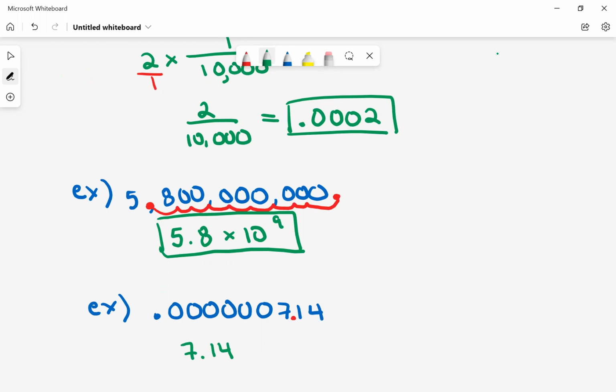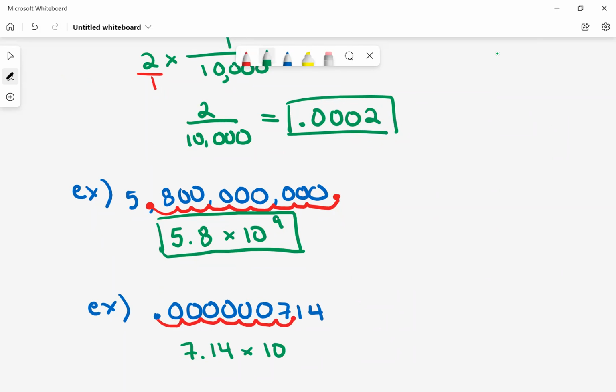Remember, we said it always is between 1 and 10. So 7.14 is between 1 and 10. Okay, so how many places do I have to move this decimal then? 1, 2, 3, 4, 5, 6, 7 places.